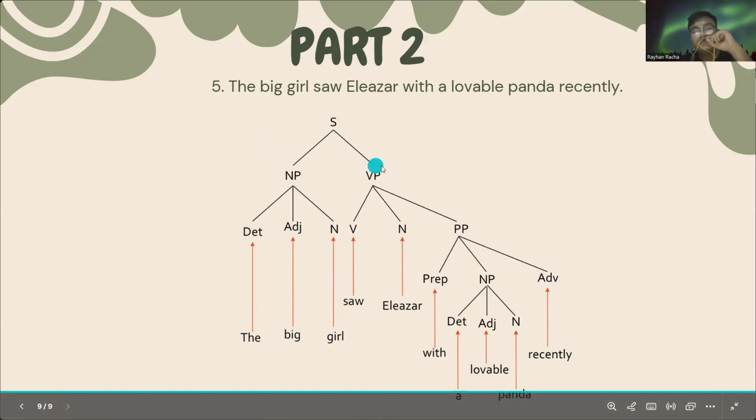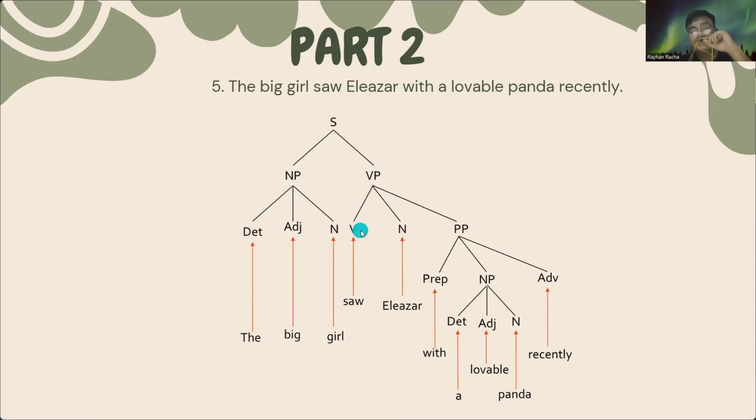So moving on into the verb phrase, we have a verb itself, which was the word saw, the noun, as we know, because it has a capital in the front, which indicates it is a name of something.